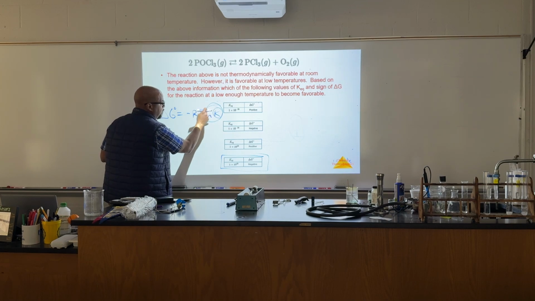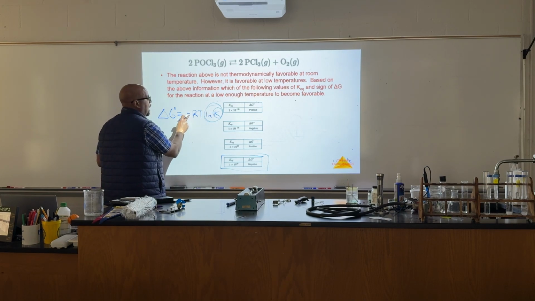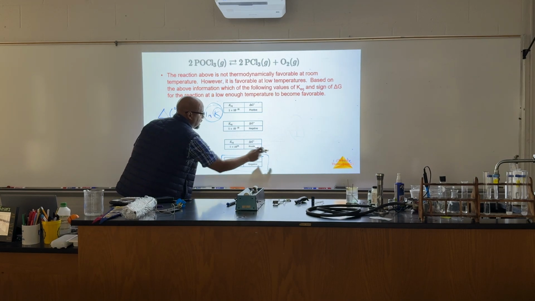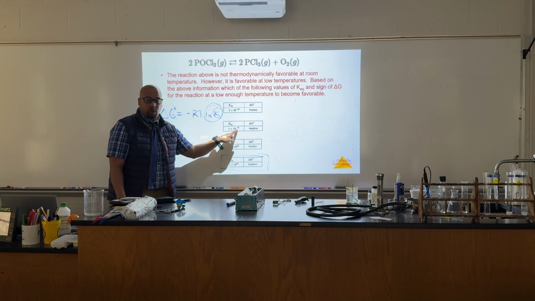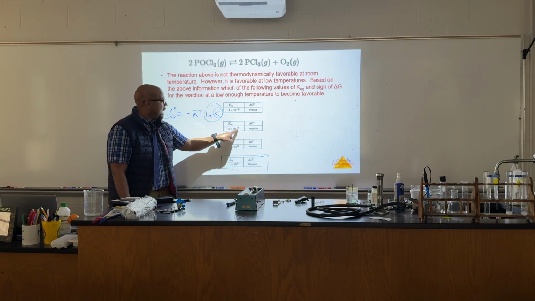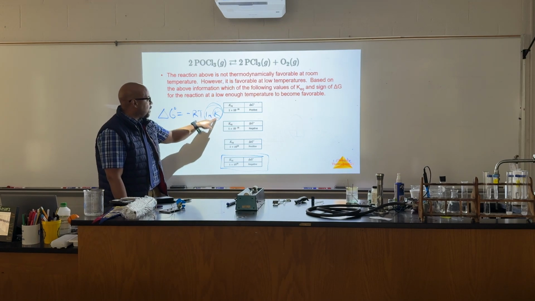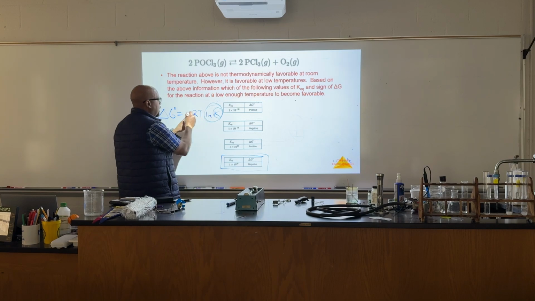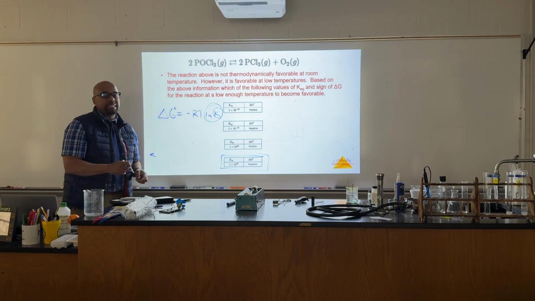When I plug in, that's going to be positive, I'll hit that negative, and I'll get a negative number out, and therefore it's spontaneous. I wouldn't choose this one, because that's to the negative 38. That's smaller than 1, which means ln of K will be negative, hit the negative there, give me a positive, and this thing is not going to work in this case.